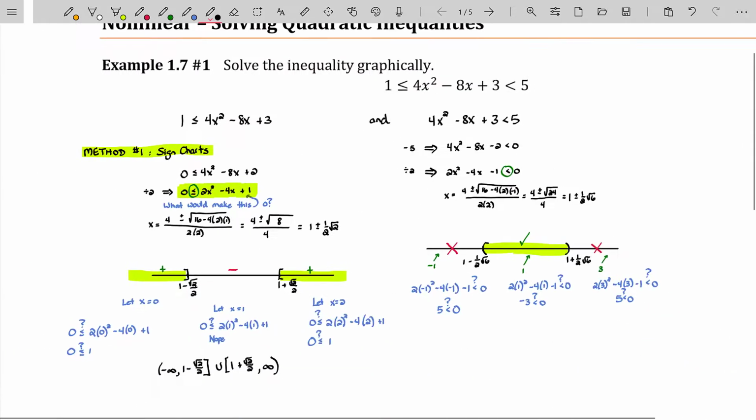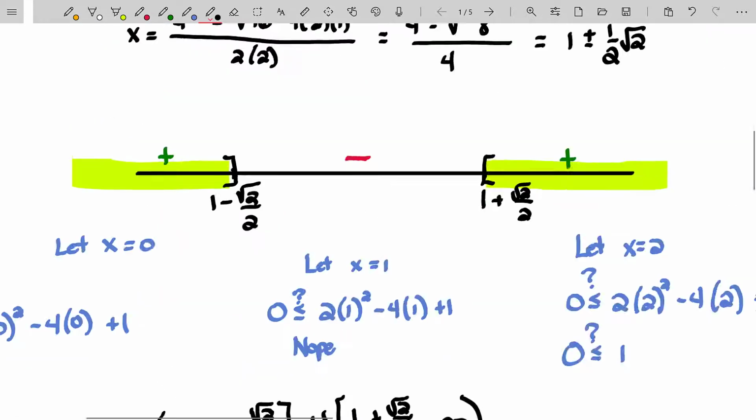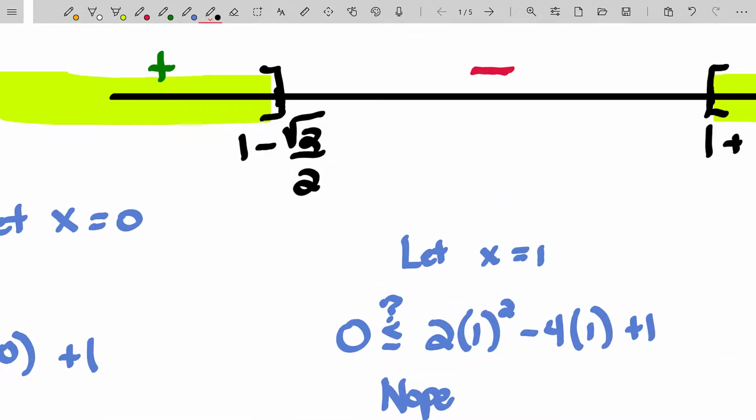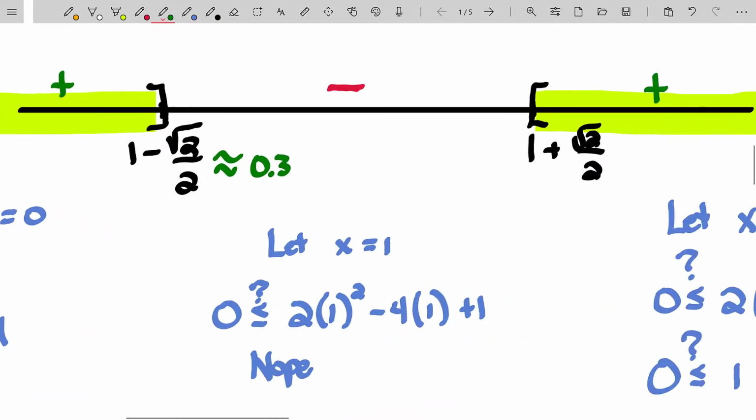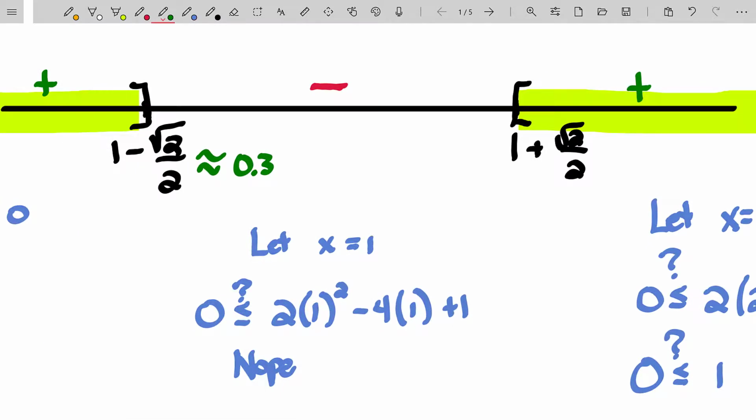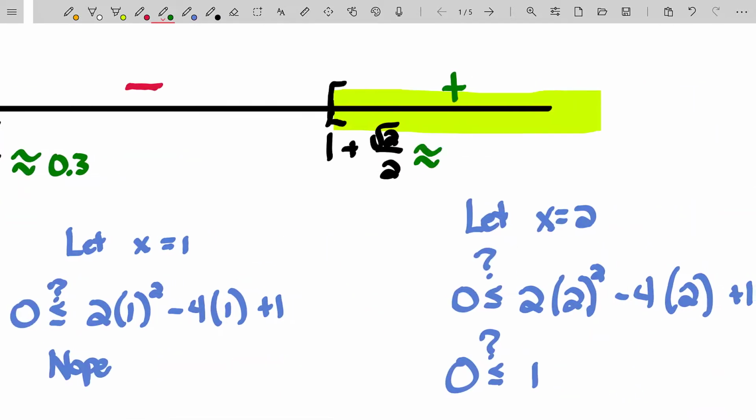To do that, it is pretty beneficial to figure out what those numbers on those intervals are. For example, 1 minus root 2 over 2 is roughly 0.3. And 1 plus root 2 over 2 is roughly, again, 1.7.